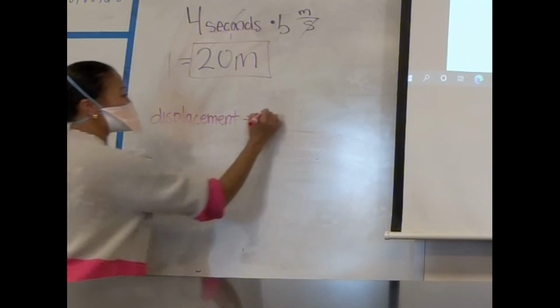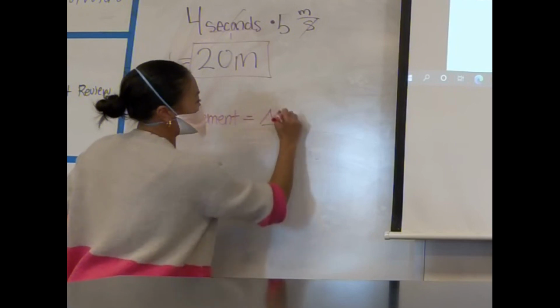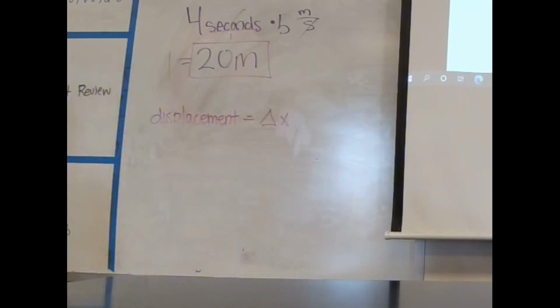and it represents the change in position, which is represented by a delta x, delta meaning change. So when you write out an equation like this, you're actually going to do this in your worksheet today, but I'm going to walk you through this anyway, and you can just literally copy it down.